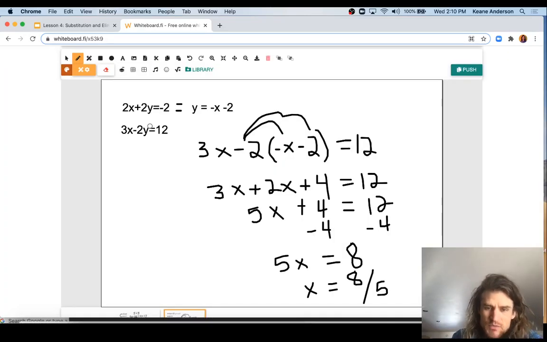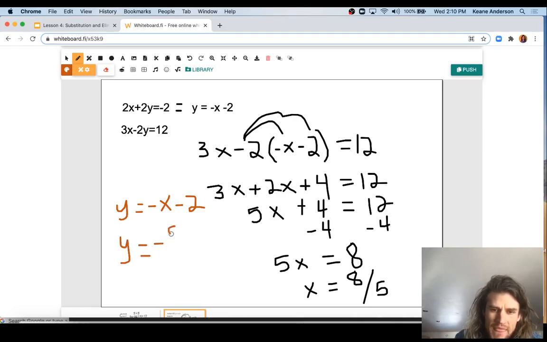We know this. Okay, let's switch up our colors now. Go to this nice rust color. So we're going to do our last substitution here, and I'm going to use this one. We know y equals negative x minus 2. So I'm going to say y equals negative 8/5 minus 2.